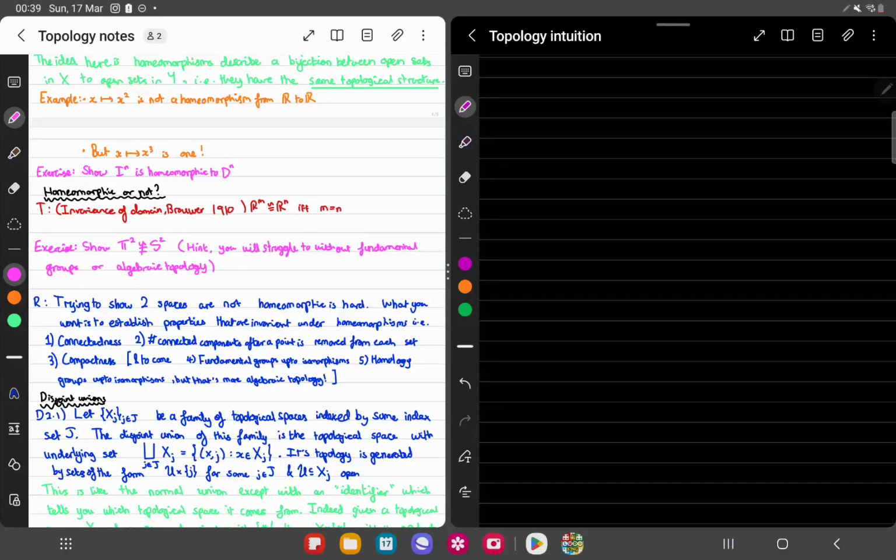So there was an exercise in the notes that was quite nice, and that was to show the n-dimensional cube is homeomorphic to the n-dimensional unit ball, if that's what you want to call it. And I don't know, how do I argue this?